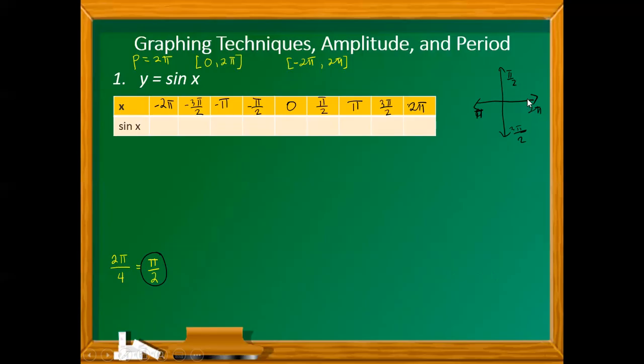So this is 1, 0. So this would give us sine of negative 2 pi equal to 0. And negative 3 pi over 2 rotates clockwise. And this is coterminal with pi over 2. Considering the unit circle, this would be 0, 1. And its y coordinate is 1.